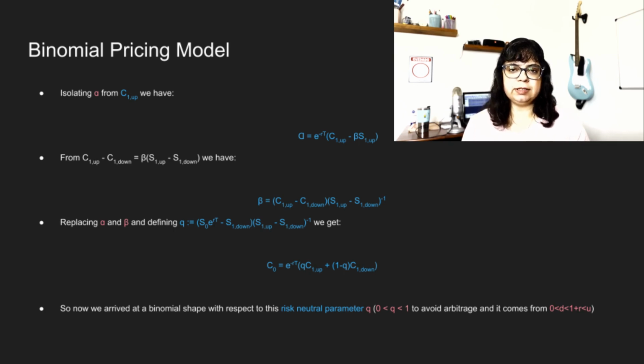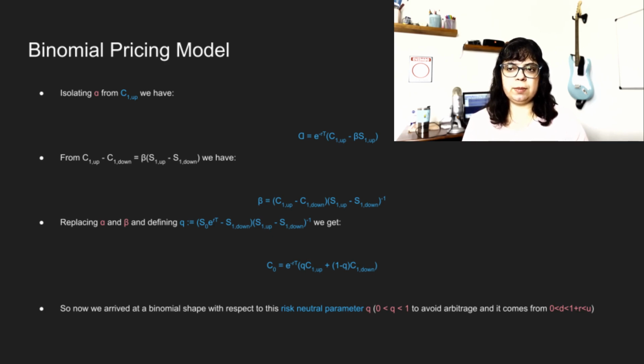And to avoid arbitrage, remember that our market is free of arbitrage, we need to have that Q is strictly positive and strictly less than 1.